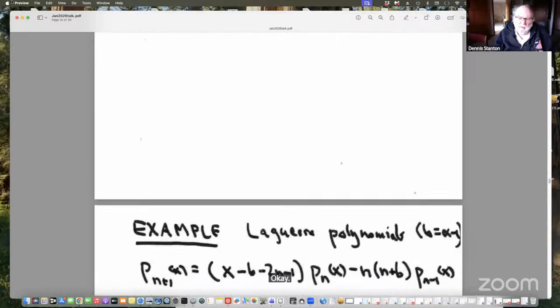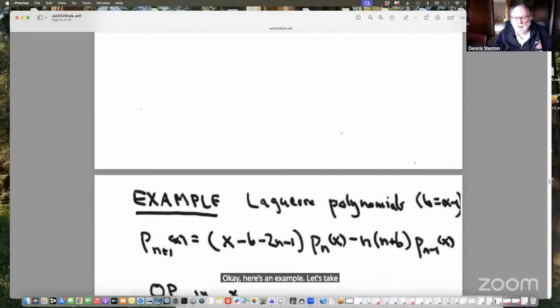Okay, here's an example. Let's take the Laguerre polynomials. So here I've written the 3-term recurrence of the L_n^alpha, but b is apparently alpha minus 1. So I got rid of alpha and I wrote in b instead. If you look at this 3-term recurrence, it's an orthogonal polynomial in x recurrence.